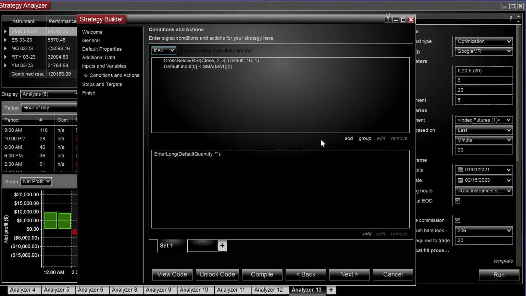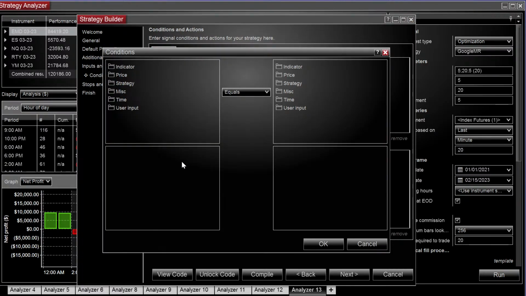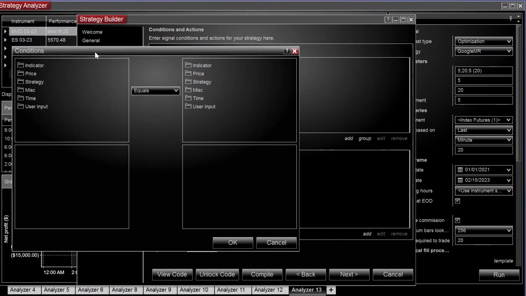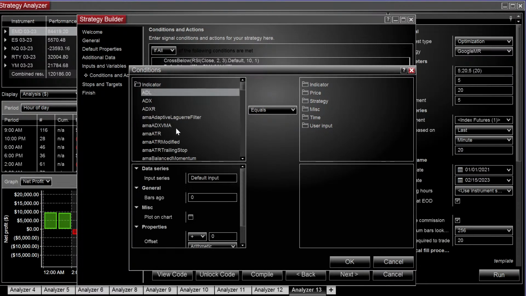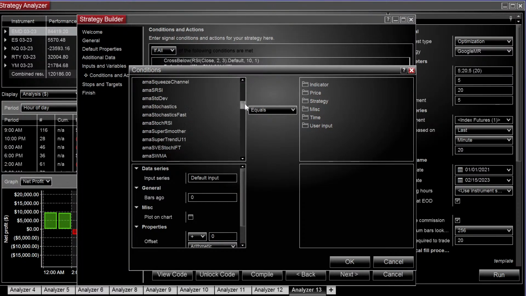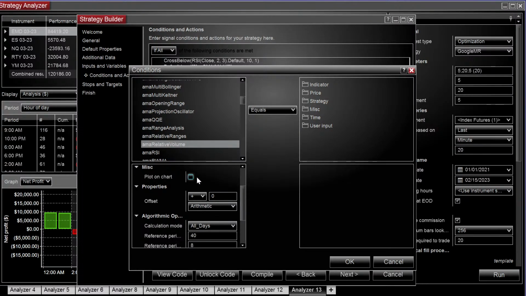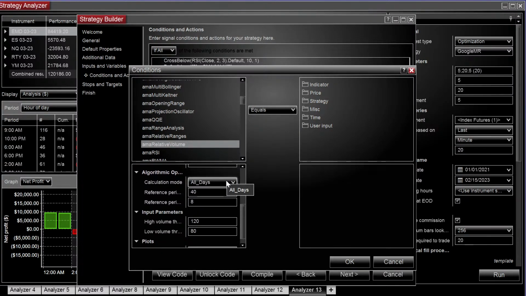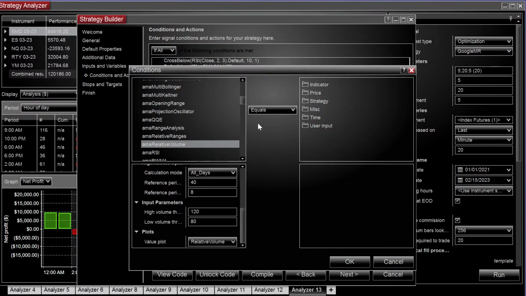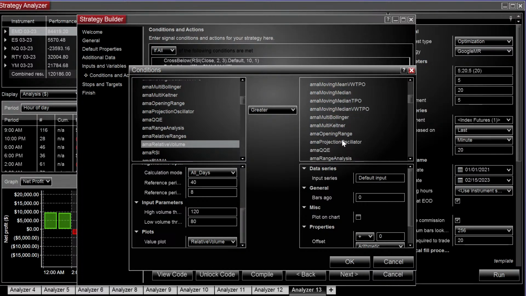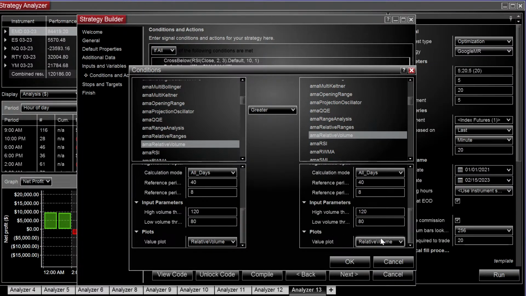All right, last thing I'm going to try. Of course, there's countless ways you can try to adjust the strategy. But I'm going to look at relative volume just real quick. So we're going to say relative volume is greater than the accumulated ratio.